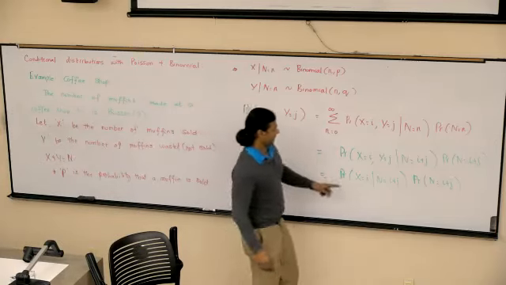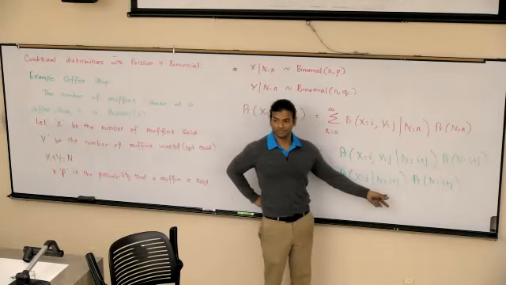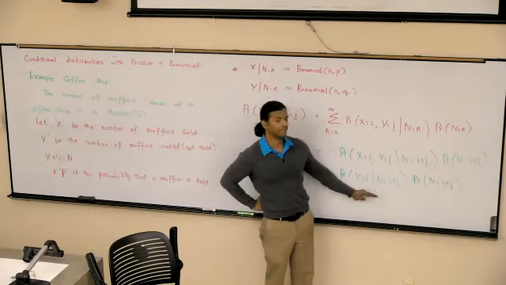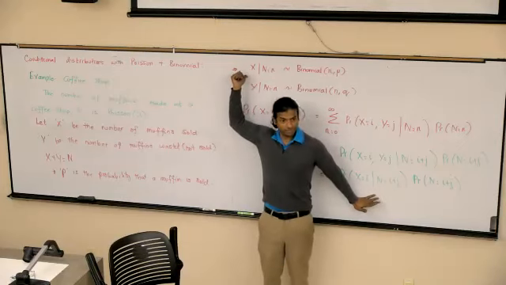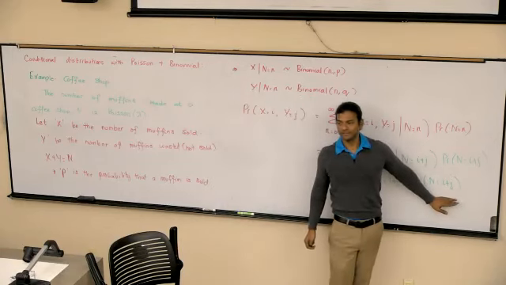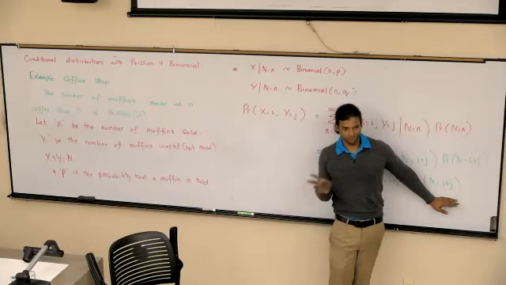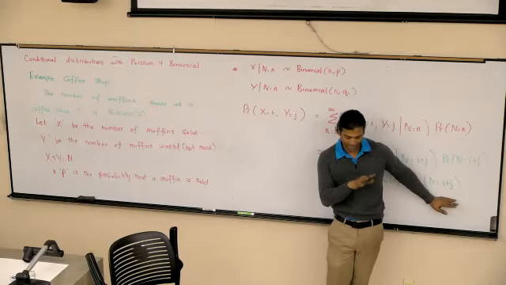So conditioned on n, we know that this is binomial. That's what I wrote over here. Yes? And we know that that is Poisson. Correct? We know the PMFs of both. So I want you to use those two and see what expression you get.